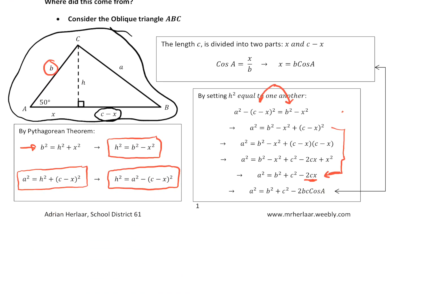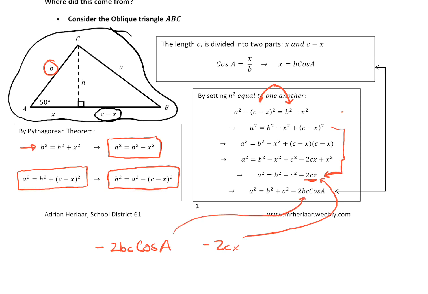So that means that minus 2bc cos A comes from this minus 2cx. Right? That's what we have in the equation here. And this is what we have in the equation that I just showed you above.